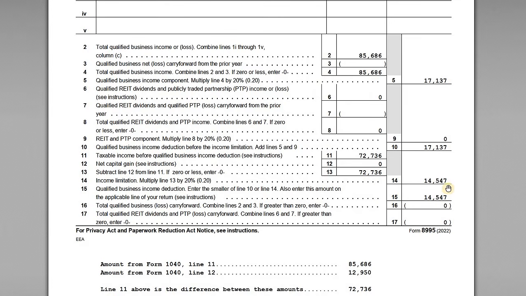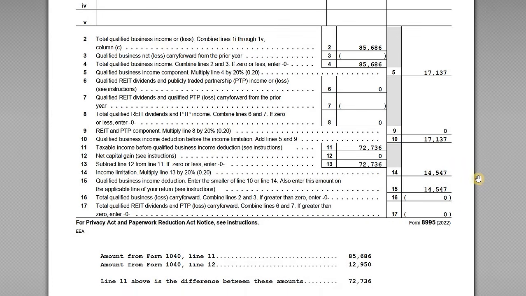And then on line 14, we have the 20% overall limitation. So 20% times $72,736 is $14,547. So this is the limit. All right, so even though John's qualified business income component, the deduction is initially $17,137, he's not going to be able to deduct that full amount because he has this overall 20% of taxable income limit that applies.